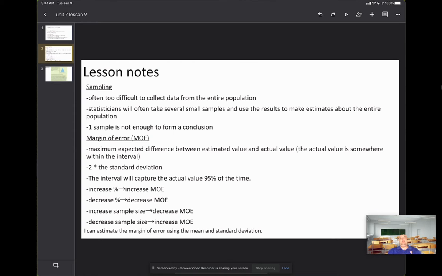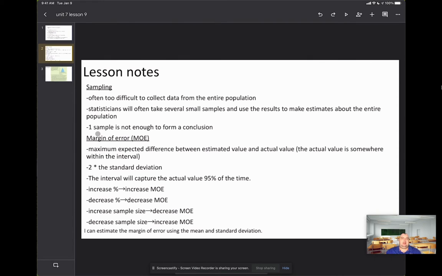The reason we collect samples is that it's often too difficult and frankly impossible to collect data from the entire population. So what statisticians will often do is take several smaller samples and then use the results of those samples to make an estimate or possible conclusion about the entire population.